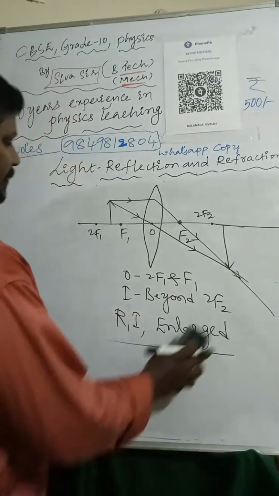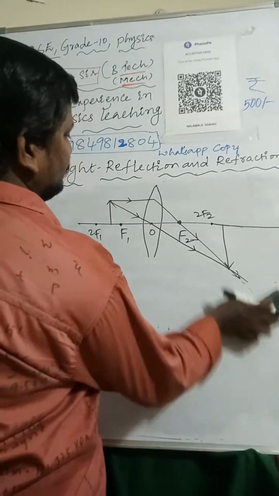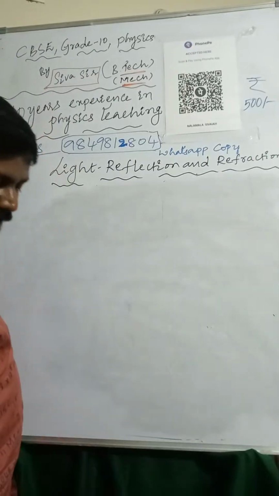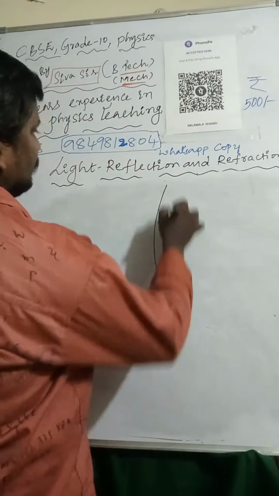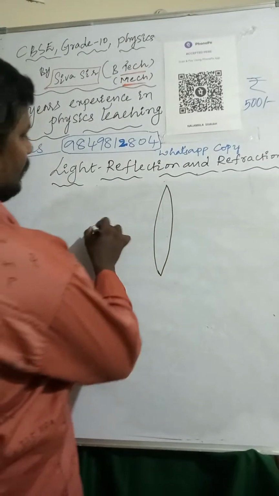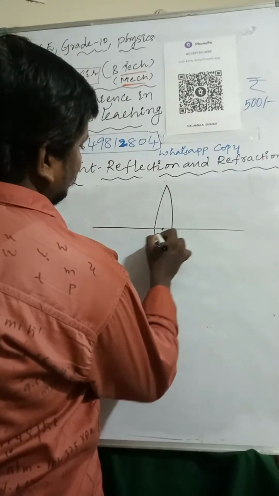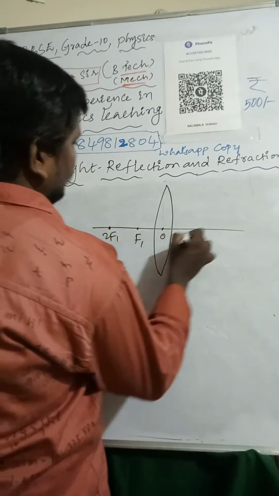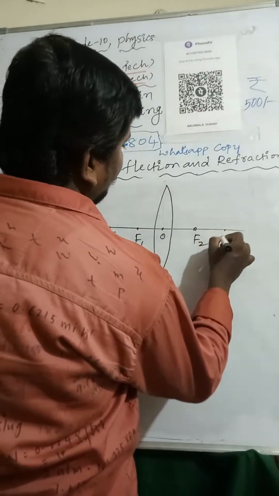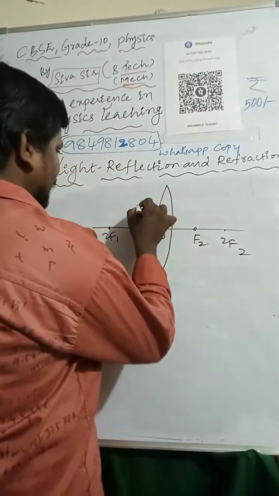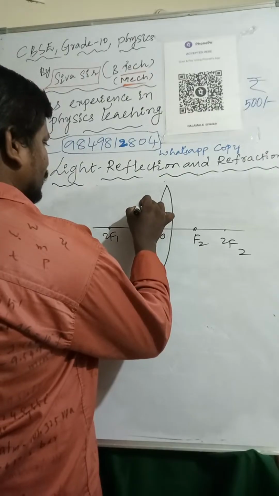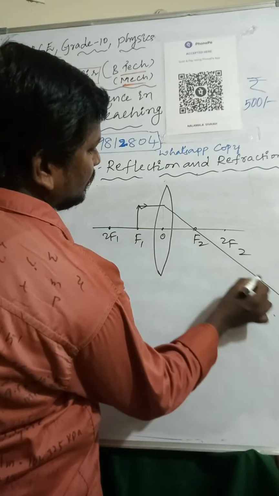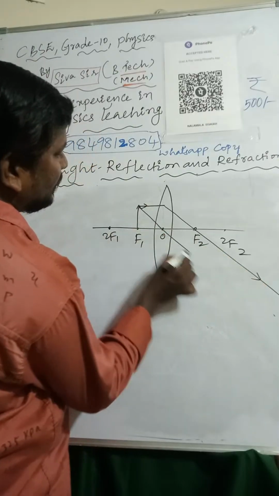Next image formation. Optic center, f1, 2f1, f2, 2f2. So the object is placed at f1. One light ray I am taking like this, it passes through focus. Another light ray passes through optic center.